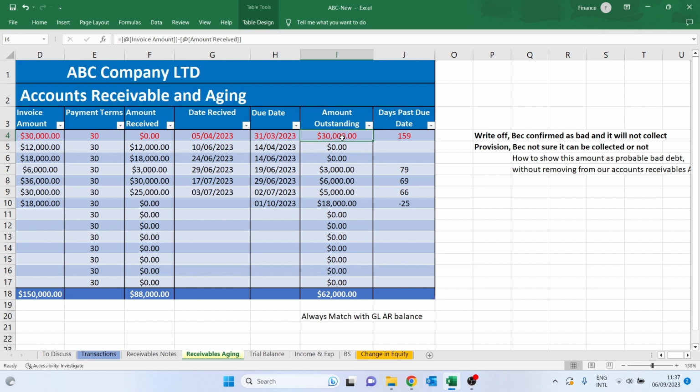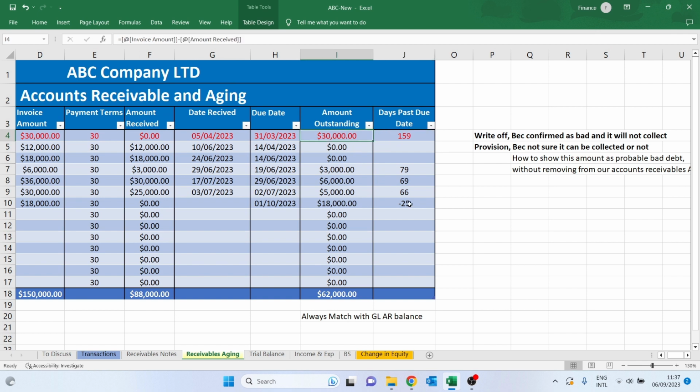It is our loss, the confirmed loss, because we know that we are not going to receive this money from that client because of such and such reasons. So this is confirmed and it will not be collected.